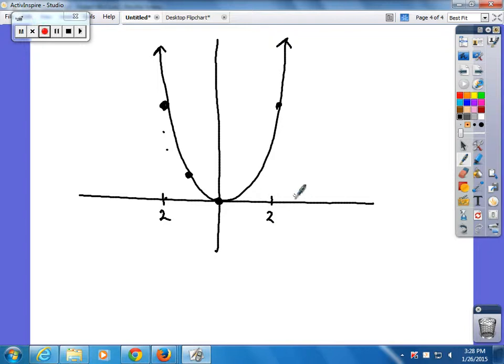One, two, three. All right, use your imagination.